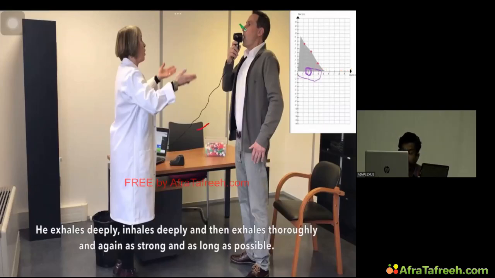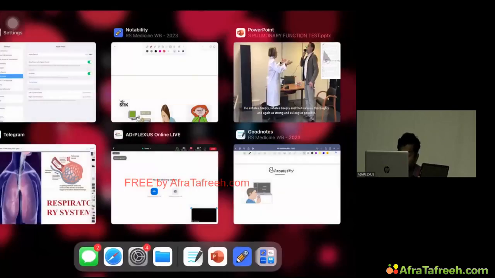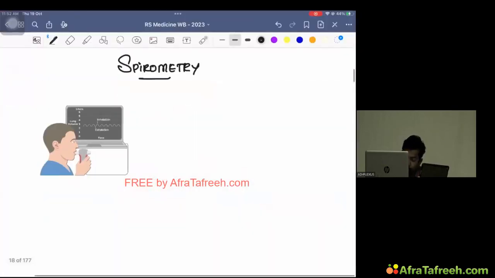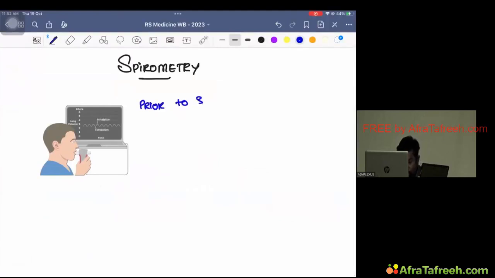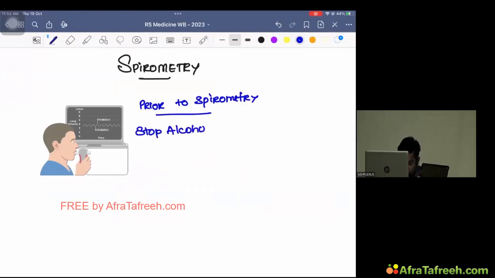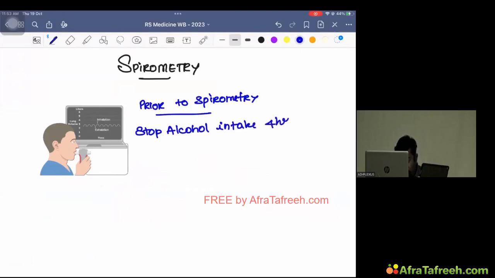What are the things you have to do prior to spirometry? The patient should stop alcohol intake 4 hours before the procedure.